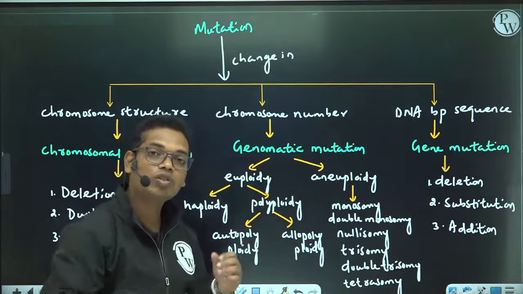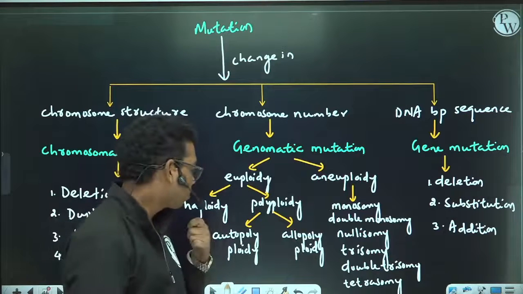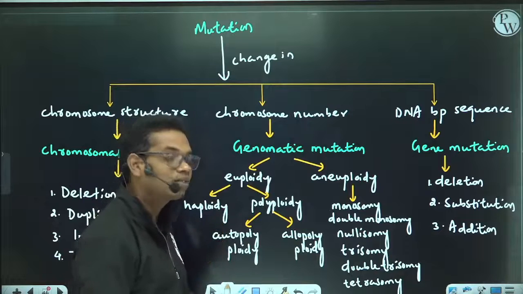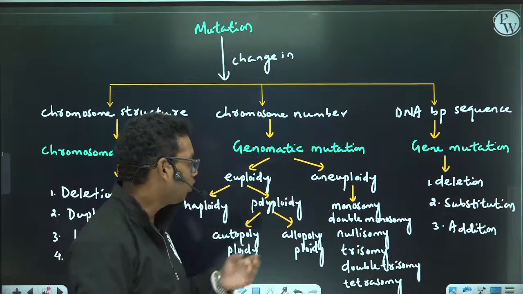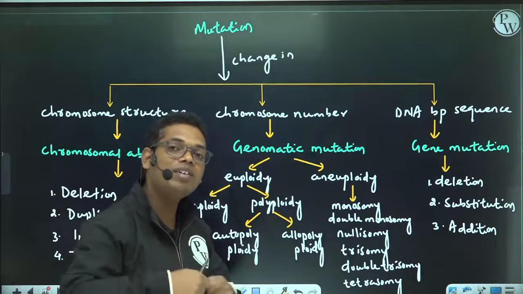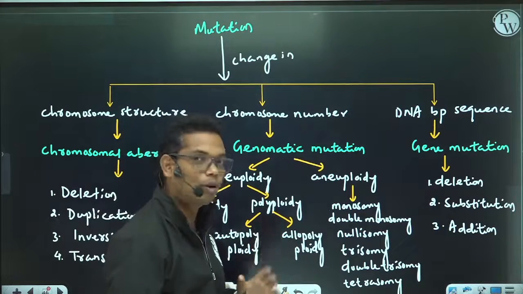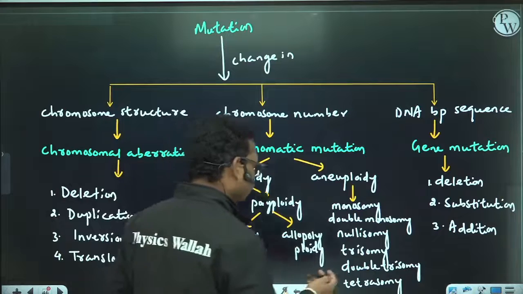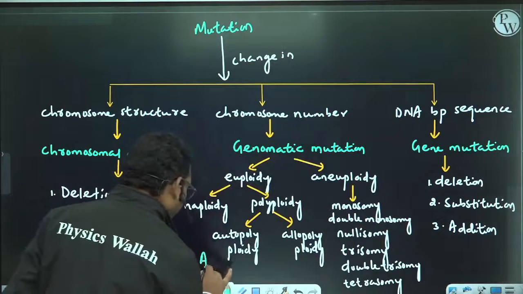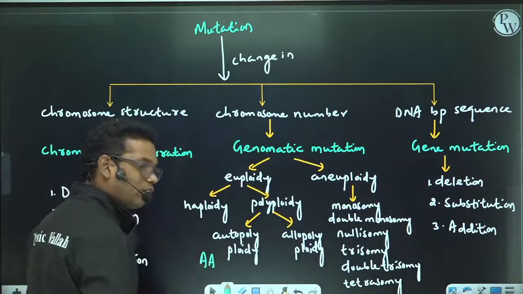If the increase in the chromosome number is due to increase in the same genome, that is autopolyploid. If the increase in the ploidy level is due to the increase in the number of different types of genome, that is known as allopolyploid. For example, if I write capital A, this is diploid in nature.